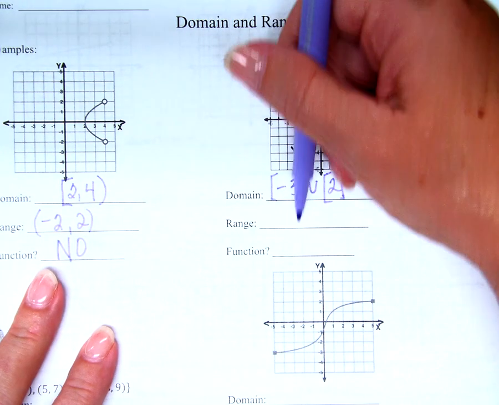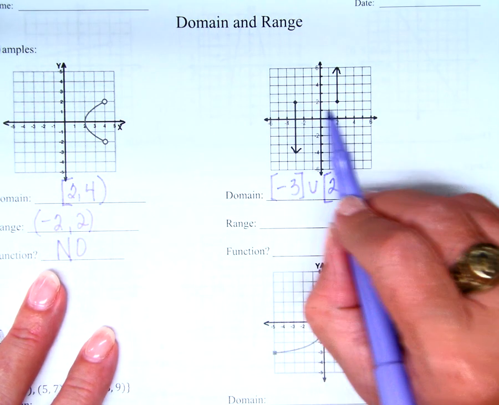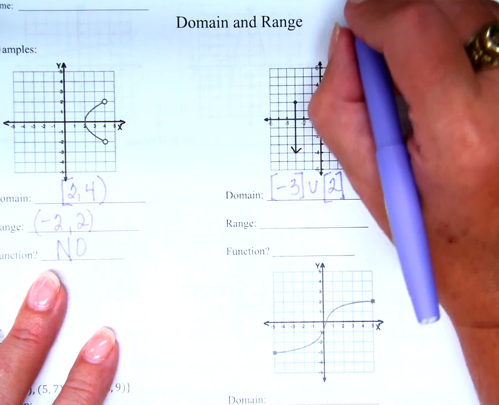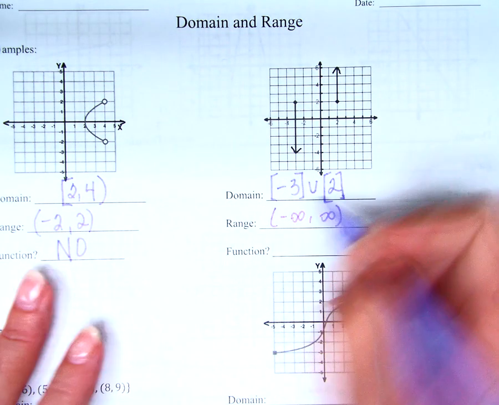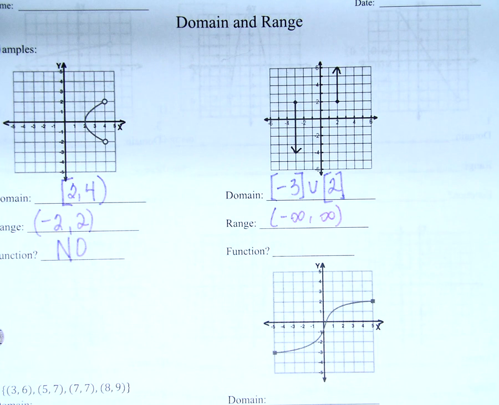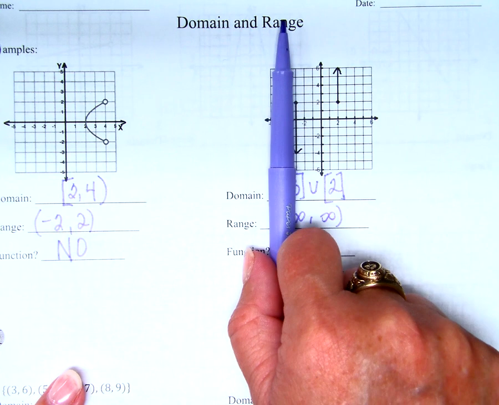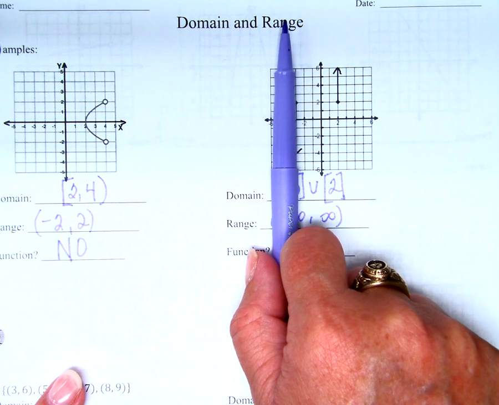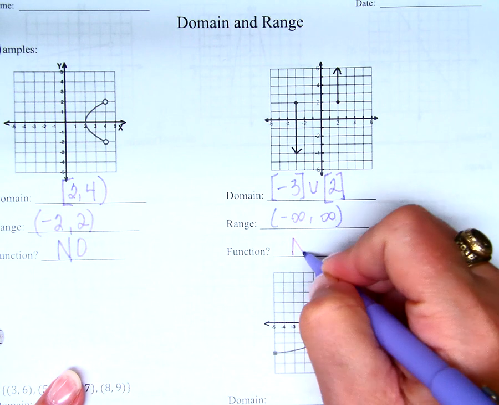It goes all the way down, and as it comes up to 2, I still have some y values. They just start over here again and then go all the way up. So it is negative infinity to positive infinity. Okay? Is it a function? How many times is it touching this one? All of the times, right? So it is not a function.